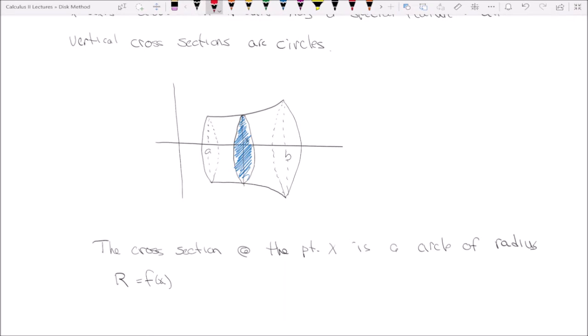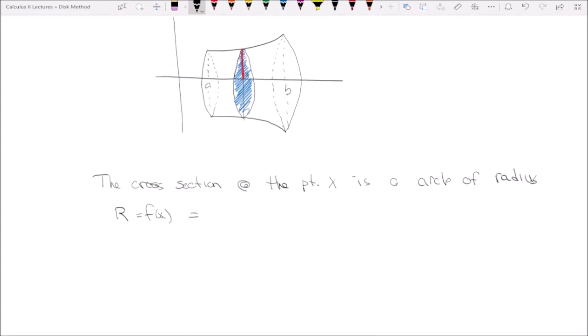To find the radius, you just go from the point to any point on the circle, right up there, and that is definitely f of x. So the area of this cross section, pi r squared, is pi times f of x squared.